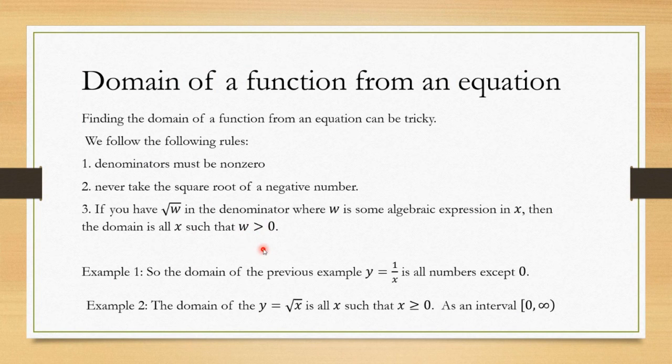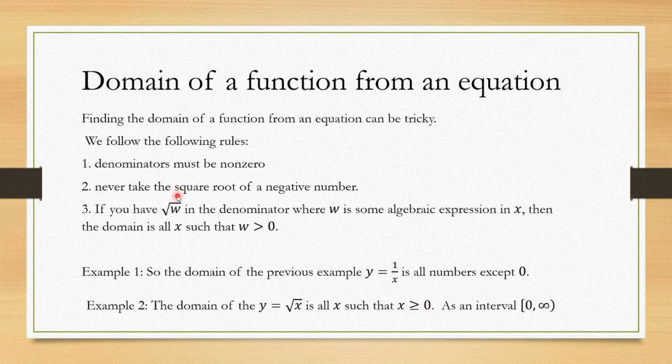Okay, let's keep going. So to illustrate number 1 then, we already had y equals 1 over x. This gives y as a function of x, right? You can't divide by 0. So the domain is all numbers except 0, as you can see. It's everything except 0. This one, the domain, it's all numbers such that x is non-negative, right?